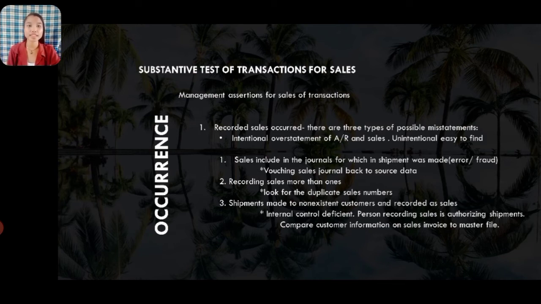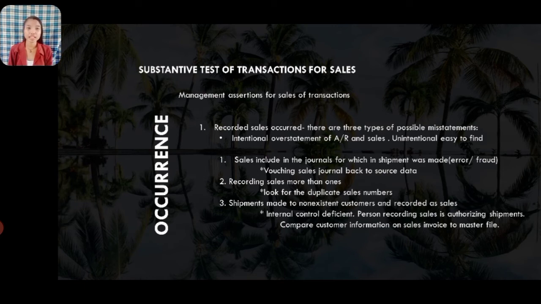The first one is sales included in the journals for which no shipment was made, which could be an error or a fraud. You recorded the sales, but unfortunately, there is no shipping document. To solve this problem, you need to do vouching. What is vouching?